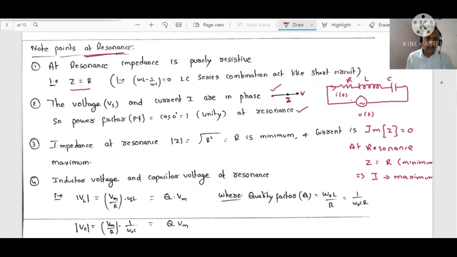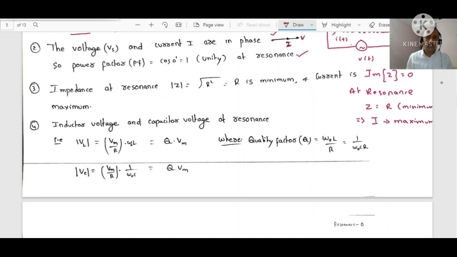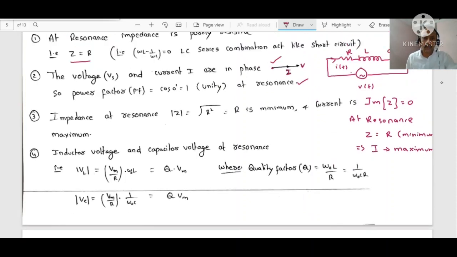Now the impedance at resonance is equal to R, which is minimum, current is maximum, and the inductor voltage and capacitor voltage at resonance are given by VL equal to current. What is the current flowing through the circuit? Vm by R, into what is the reactance of the inductor?